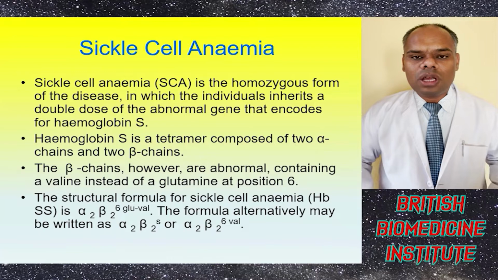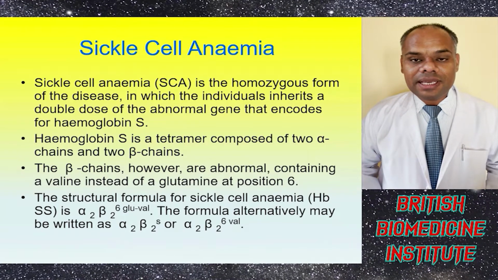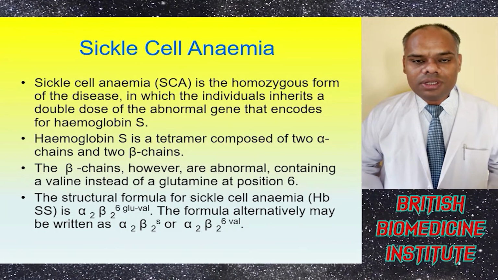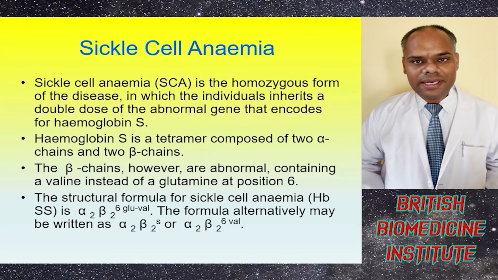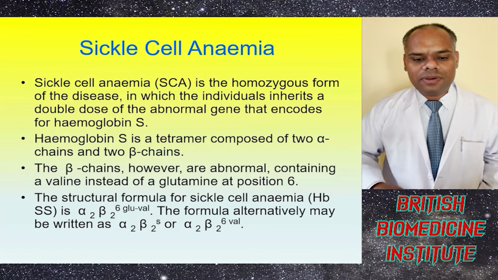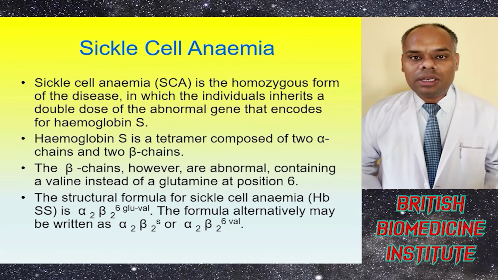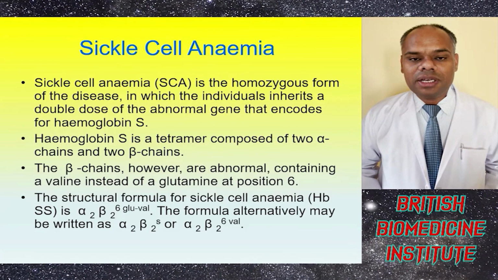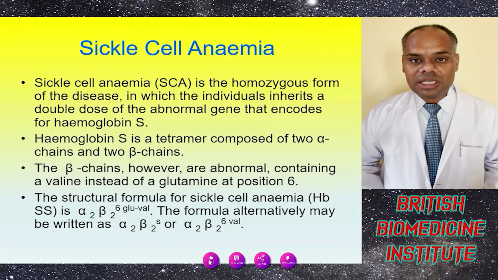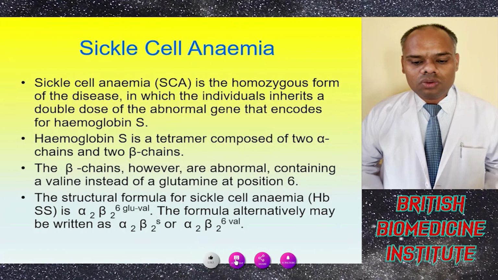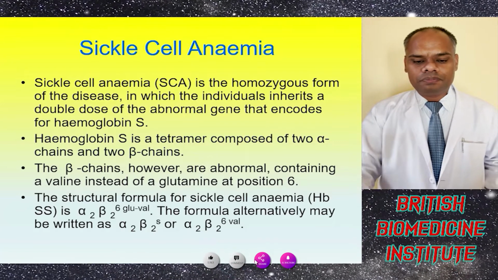The structural formula for sickle cell anemia is HbSS, which is alpha 2 beta 2 6 glu-val. Glutamic acid has been replaced by valine, and the formula may alternatively be written as alpha 2 beta 2 S, or sickled, or alpha 2 beta 2 6 valine.